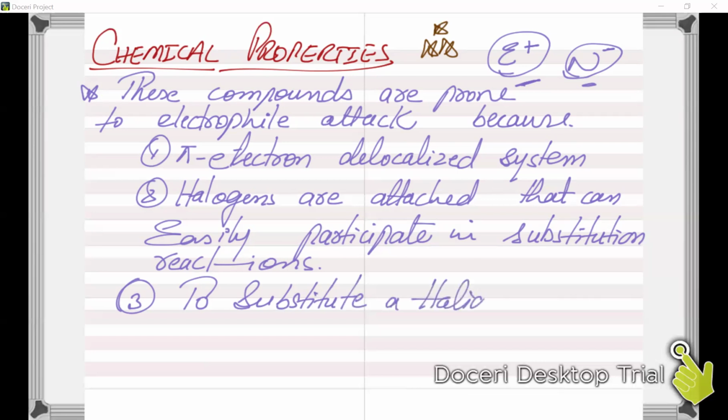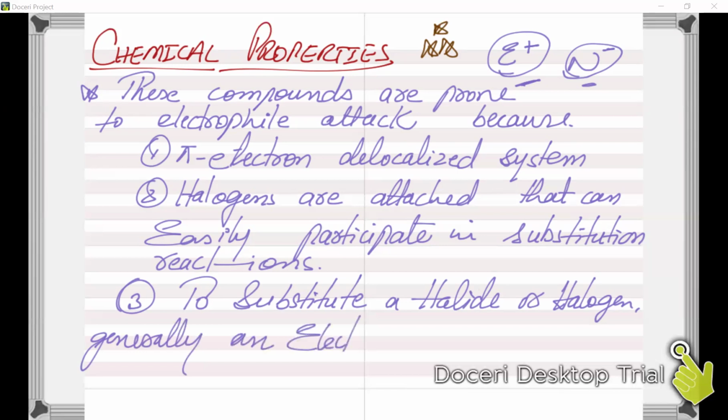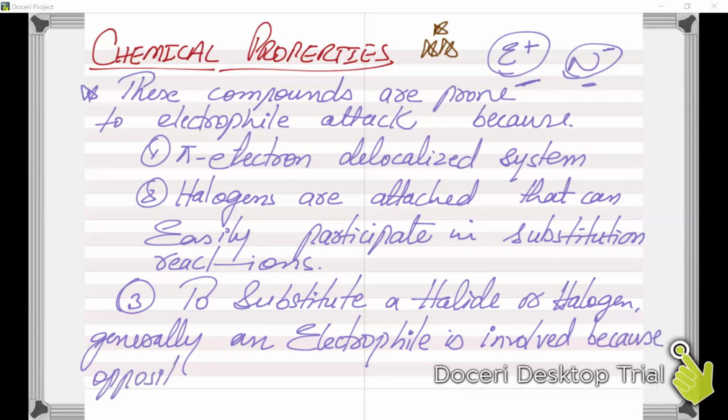So to substitute a halide or halogen, generally an electrophile is involved. Because the opposite charges are attracted to each other. This is a sort of an explanation.